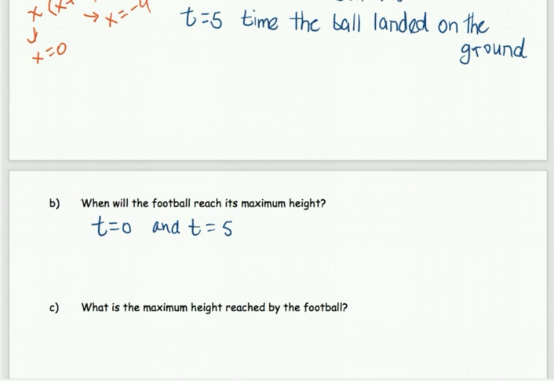The maximum height, again, that's your vertex. We know 0 and 5 here. To find halfway, which matches the vertex, it's like finding the axis of symmetry equation. Find the midpoint.